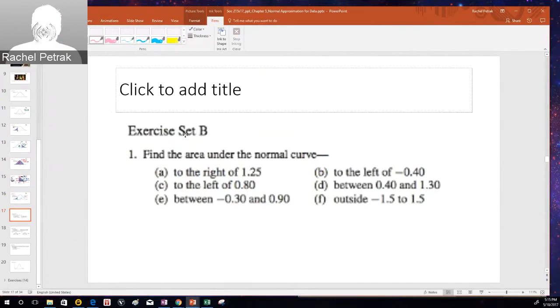And I did put in here some more exercises to look at the area under the curve. Do you want to do these exercises, or do you feel pretty good about finding the area under the curve?